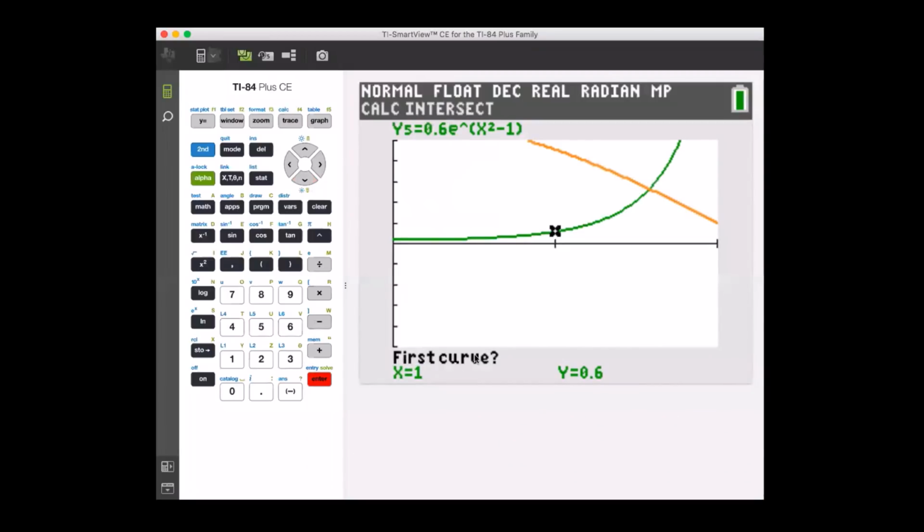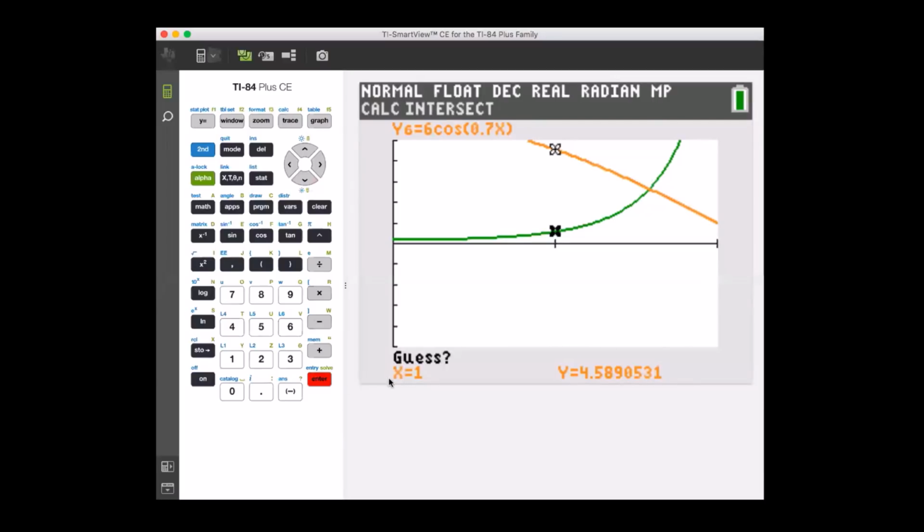And it says, what's the first curve that you want? Well, if you only have 2 graphs drawn, which is probably the best thing to do, then you don't have to worry about this because the cursor is already on the first curve. Just hit enter. And notice it jumps to the other curve. It says, is this the second curve? Well, of course it is. We only have 2 of them. And then you hit enter.